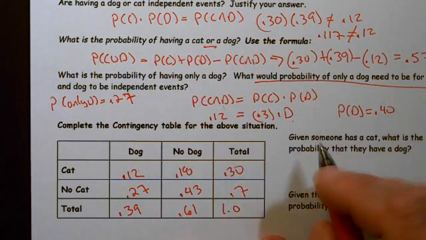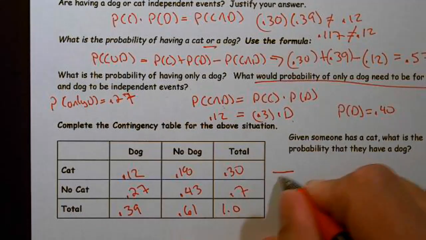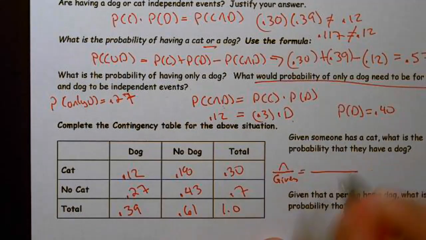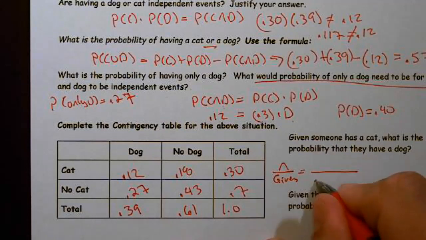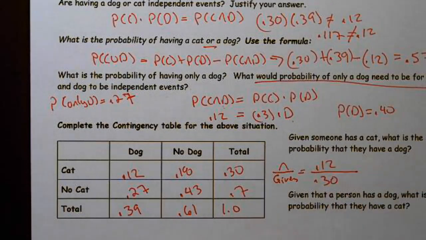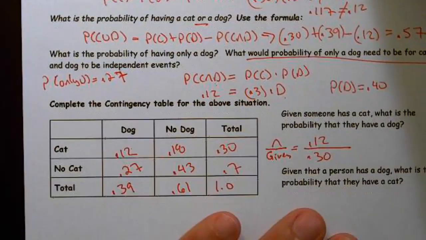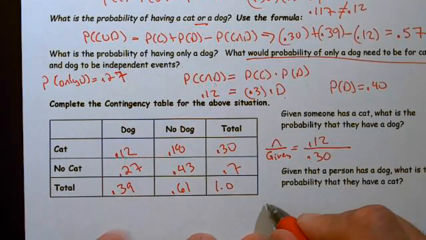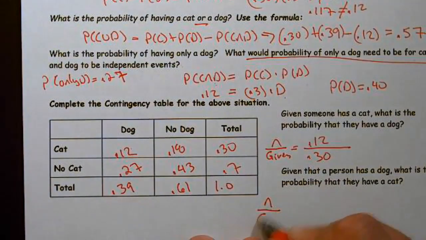So given someone has a cat, all right, given is always in the denominator. So we're given that they have a cat. Okay, that's 30%. What's the probability they have a dog? 0.12 over 0.30. Okay. Given that a person has a dog, what's the probability they have a cat? Again, intersection over given.